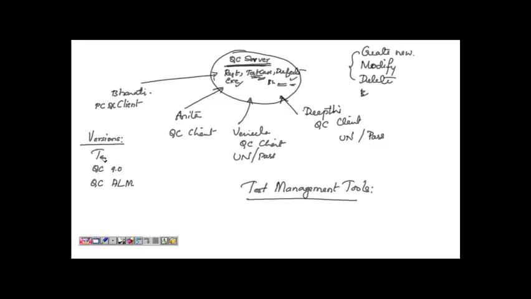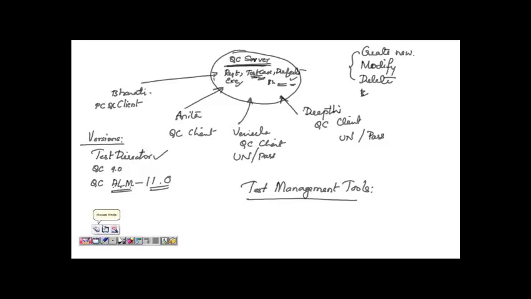The previous versions were called Test Director. So Test Director or Quality Center, it is one and the same. And the newest version, Quality Center 11.0, is called ALM, Application Life Cycle Management tool. And this is 9.0. So the different versions have different names. Before it was called Test Director, now it is called Quality Center, and the latest version, 11.0, we call it ALM.